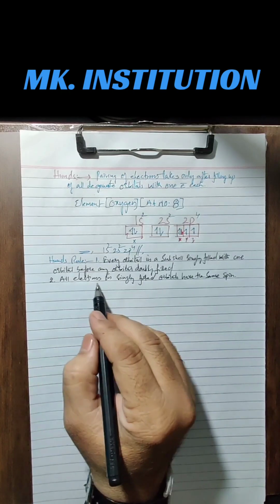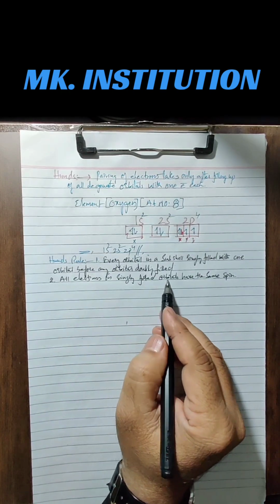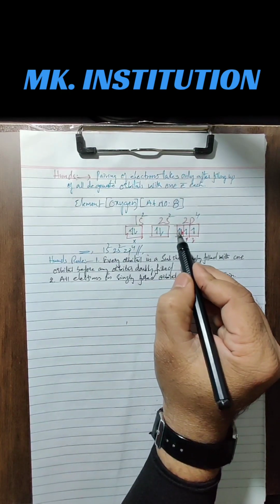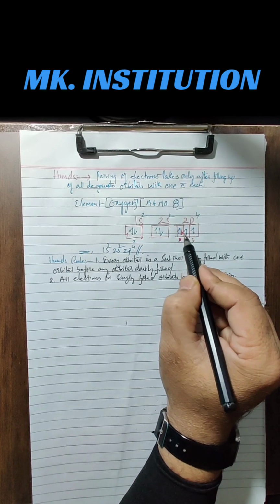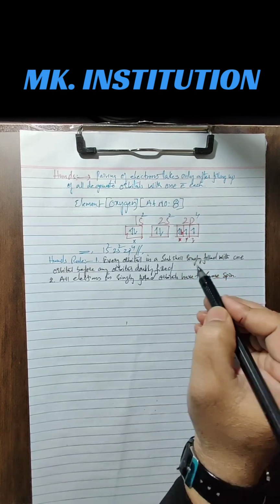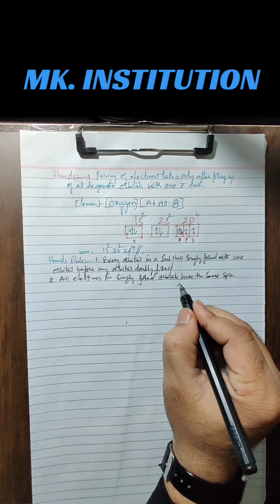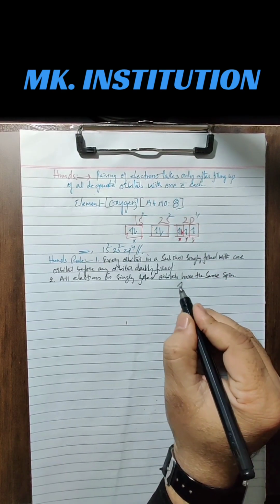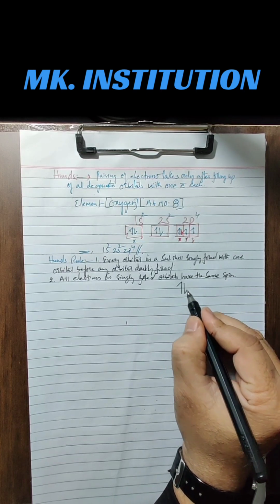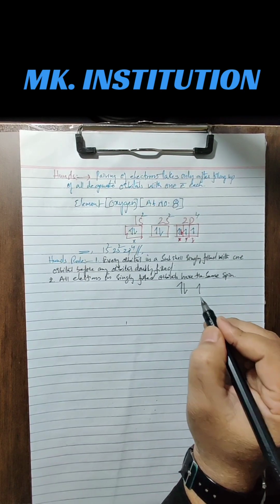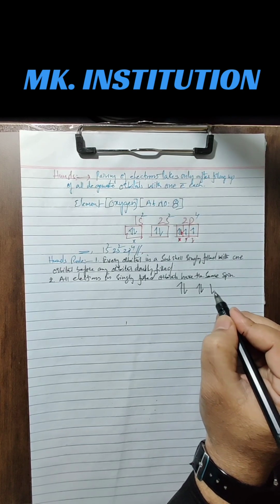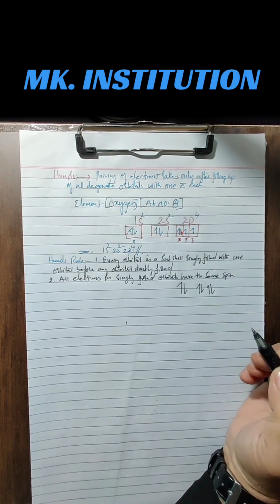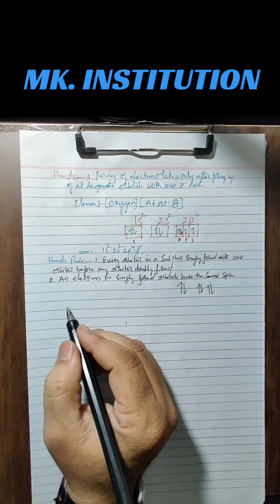All electrons in the singly filled orbitals have the same spin. That means, see, singly upward, the same thing here. But secondly, when you are pairing, it should be opposite. First you fill the electron like this, or you can show it this way, or this way also. But if you are showing it this way, then the second one will be like this. Or if the first one is shown like this, the second one will be like this. Clear? This is the second point here.